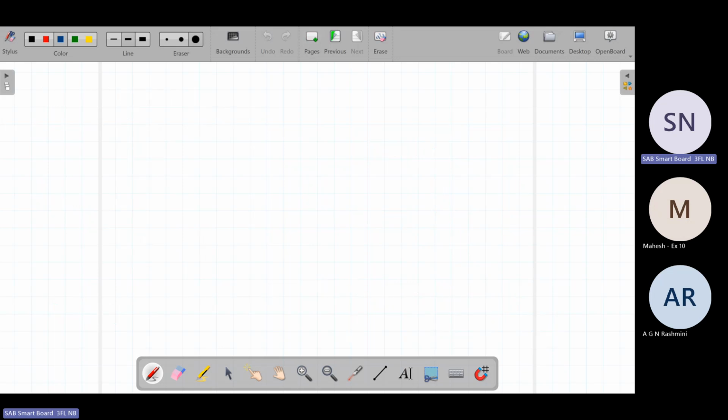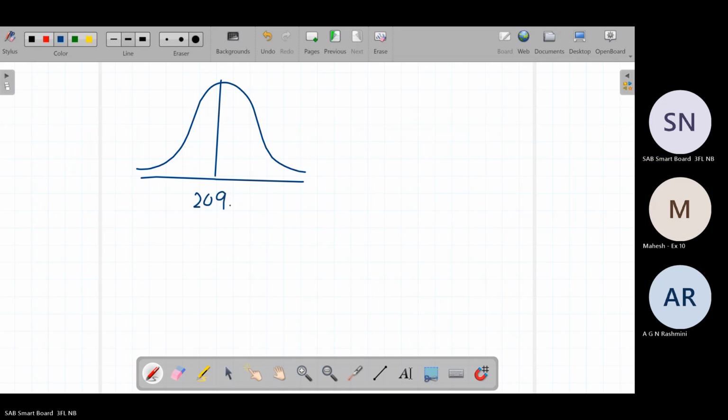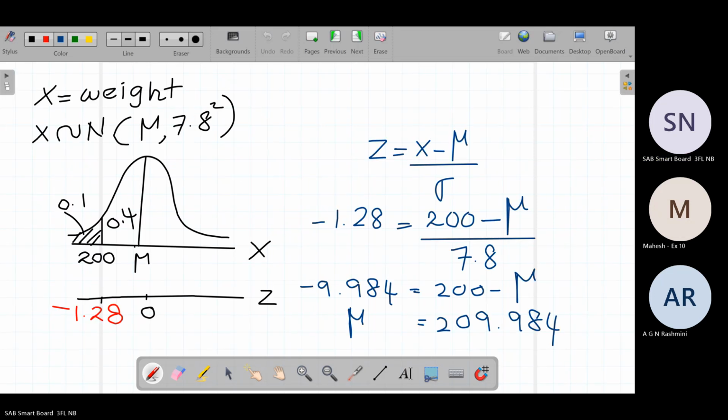Here more than 225. Now mu value is 209.984.